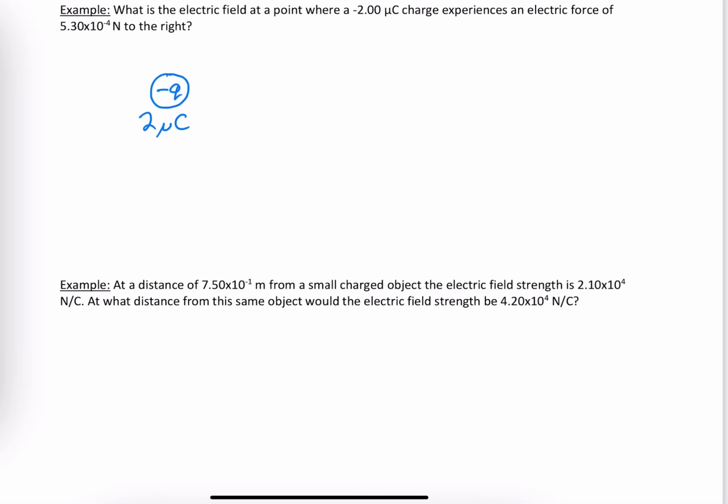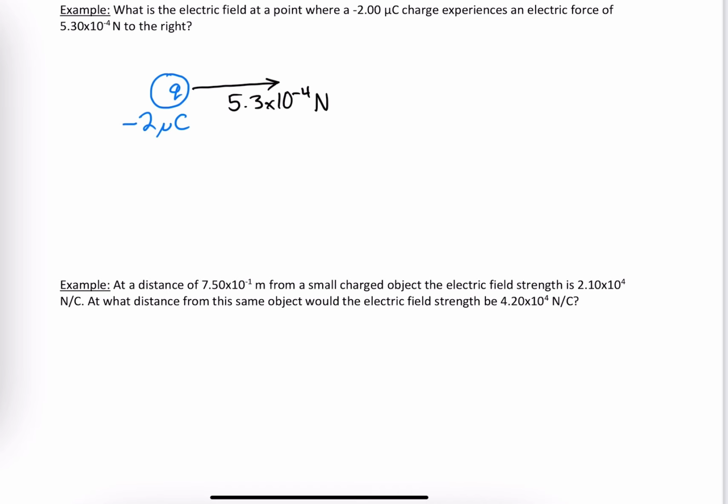And you know what? I'm just going to put that negative sign down here instead because I think that makes things a little more clear. So I have a charge. Its charge is -2 microcoulombs. And it's experiencing a force to the right of 5.3 times 10 to the -4 newtons.